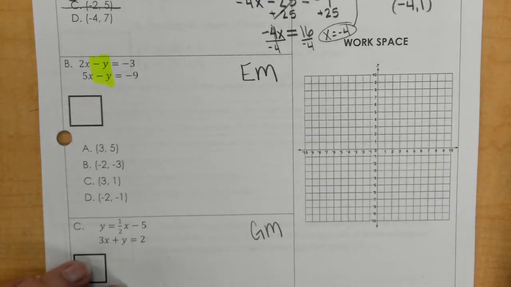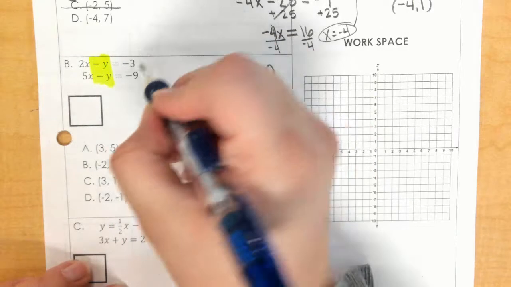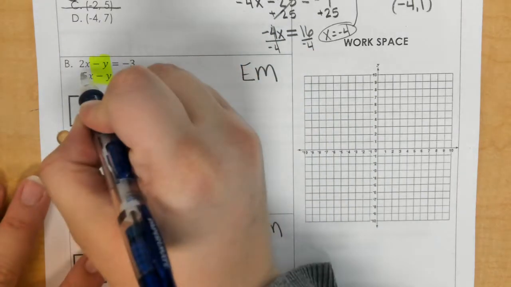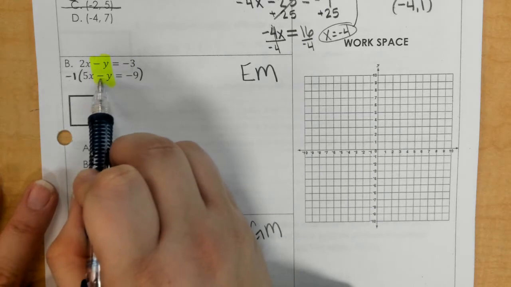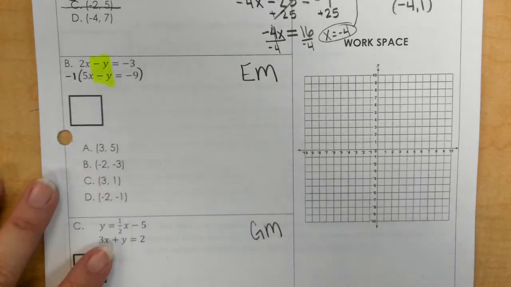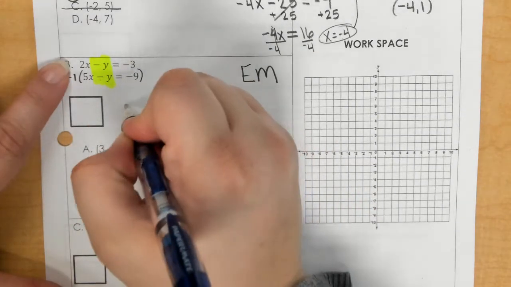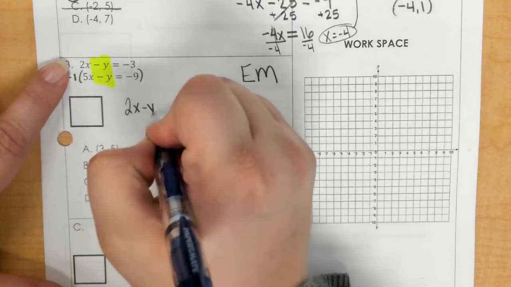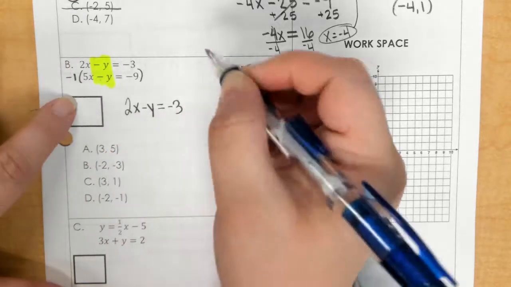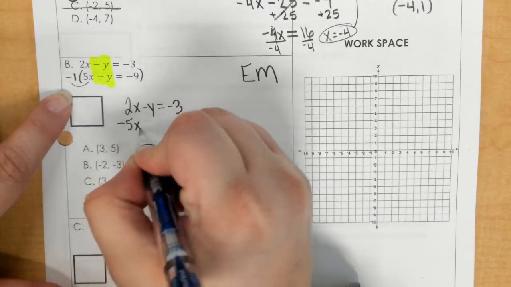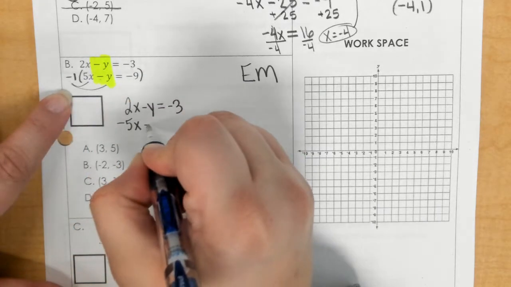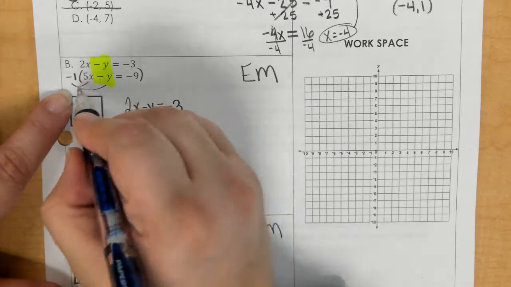So I'm going to pick the bottom equation, and I'm going to multiply by -1, because negative times negative is a positive. So the top equation stays the same. Bottom equation, I multiply by -1. So I'm really just changing my signs.